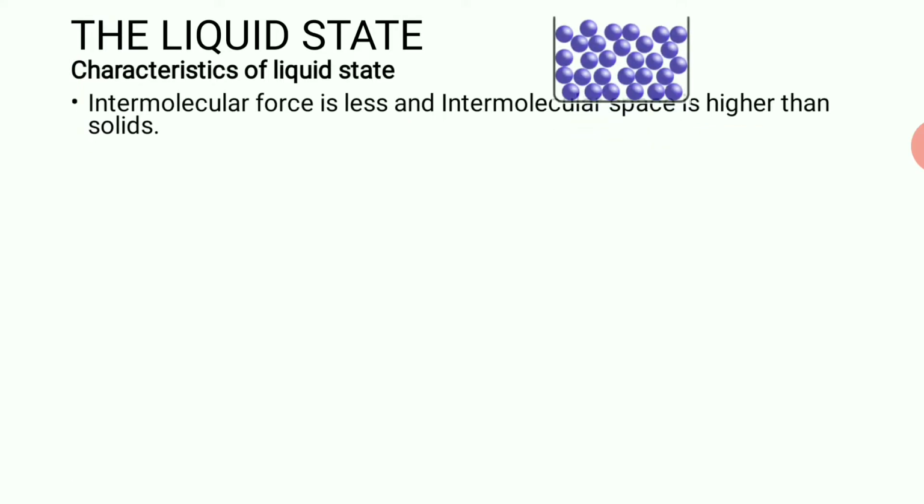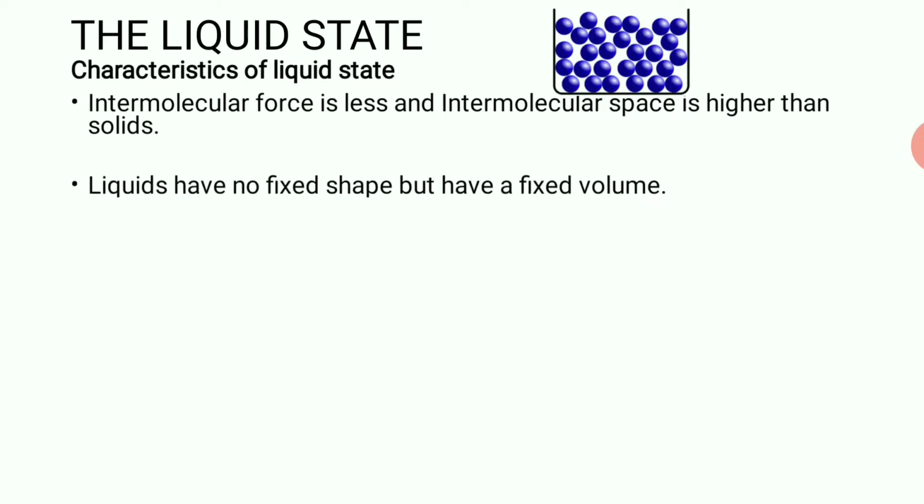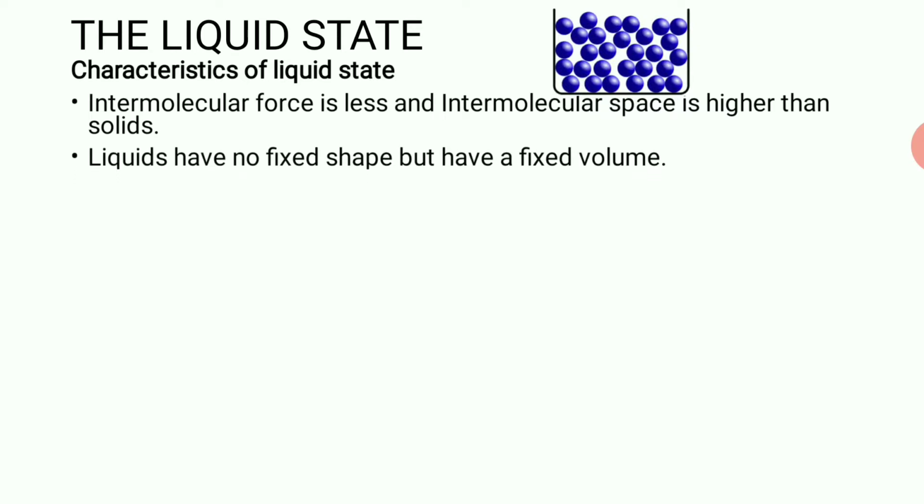Second property, the liquid does not have any fixed shape, but the volume of the liquid is always fixed. Taking an example, if we take 1 liter water in a bottle and we transfer that 1 liter water from the bottle to the bucket, what will happen?